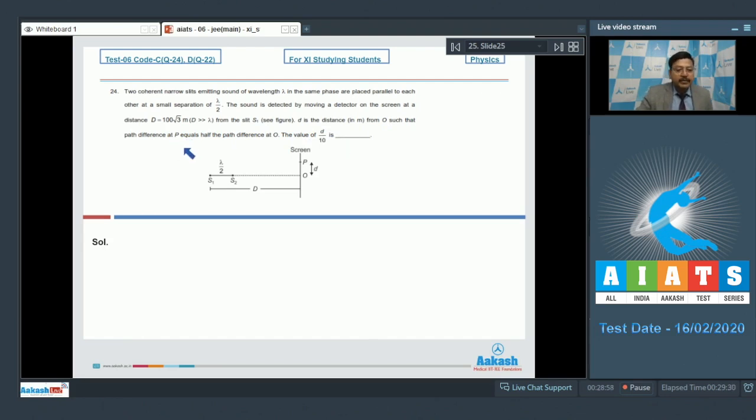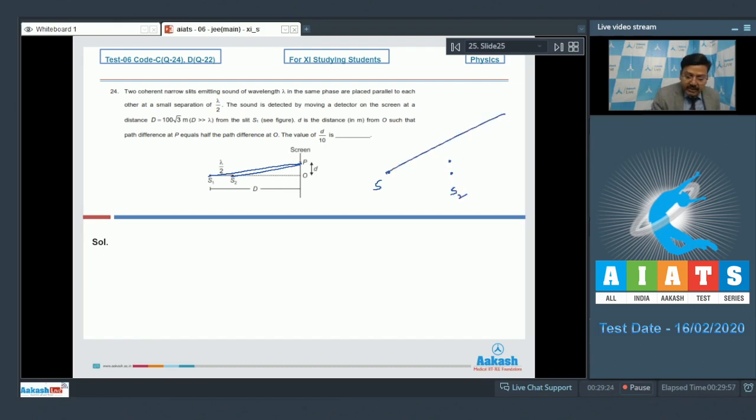So we simply have to look at the path difference, and since lambda is very small compared to capital D, we can consider that the path difference, of course, which is S1P minus S2P, can be given as, let me draw a separate figure here. This is say S1 and this is S2.